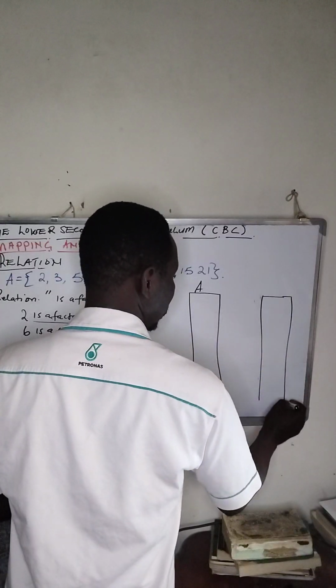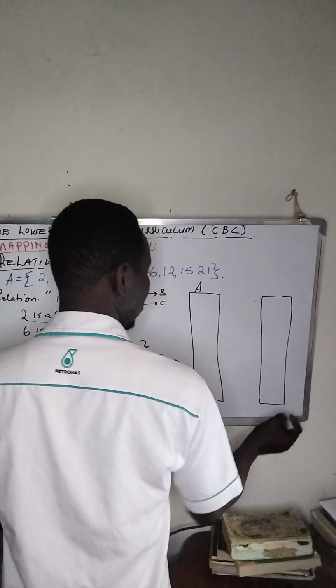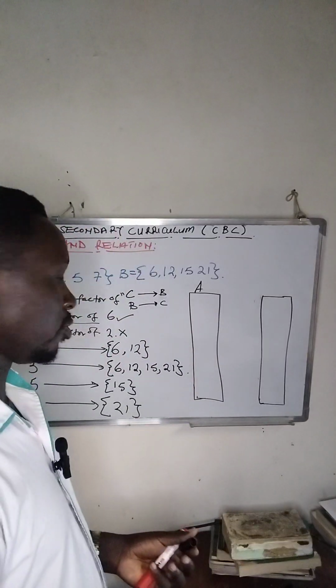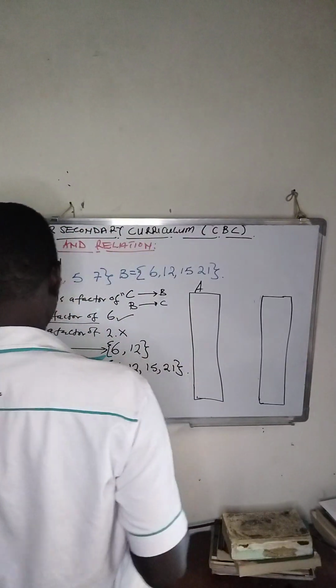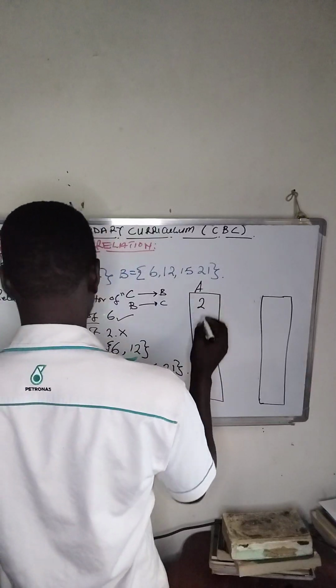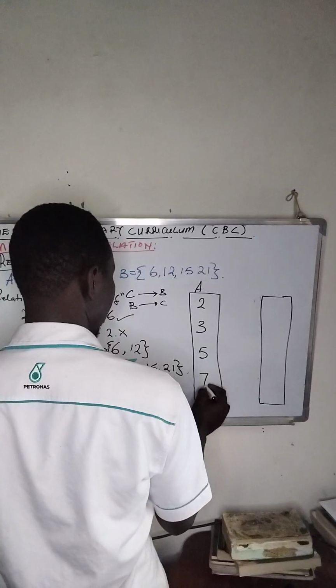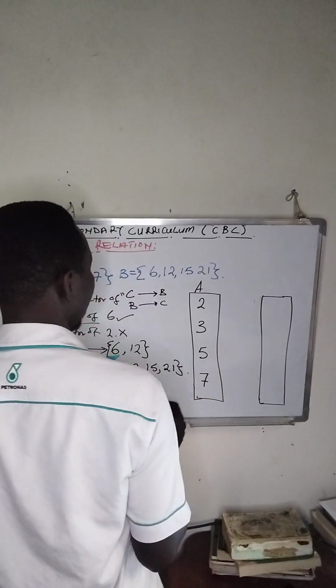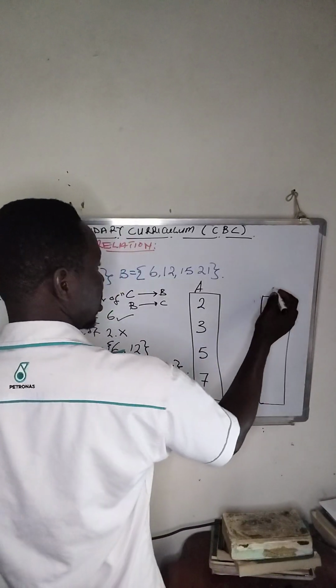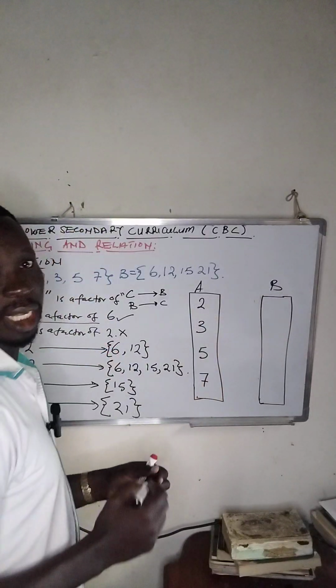Now we are introducing the real concept of mapping and relation. We are having numbers inside here: a 2, a 3, a 5, and a 7. This side is set B. Are you seeing that one?